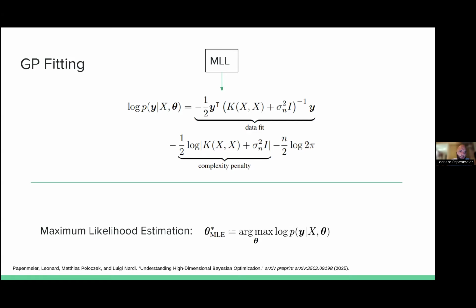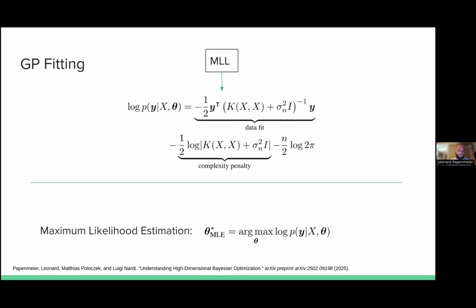The marginal log likelihood has these two terms, the data fit term and the complexity penalty. The data fit term prefers models with short length scales because those make it easier to fit the GP to the data. The complexity penalty penalizes models with short length scales because those are more complex. So there's a trade-off here. And with MLE, you just choose the hyperparameter that maximizes this marginal log likelihood.